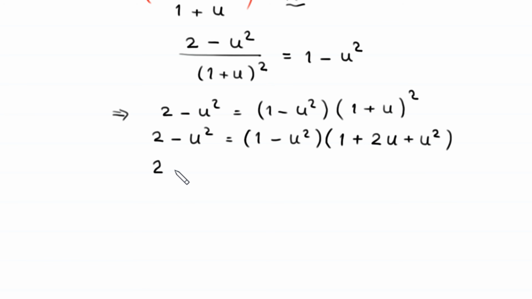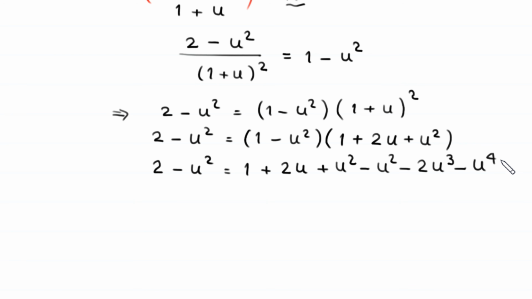Expanding: 1 times 1 is 1, 1 times 2u is plus 2u, and 1 times u squared is plus u squared. Negative u squared times 1 is negative u squared, negative u squared times 2u is negative 2u cubed, and negative u squared times u squared is negative u to the power 4.